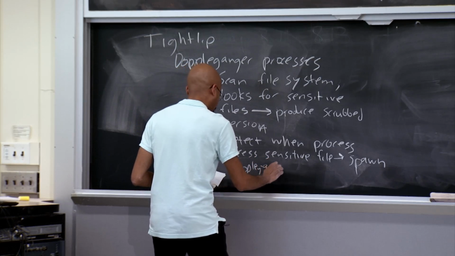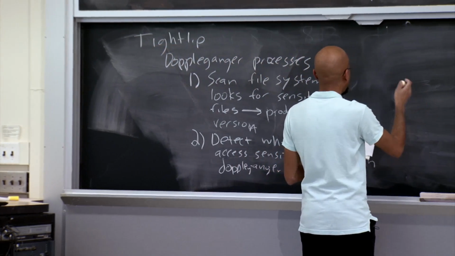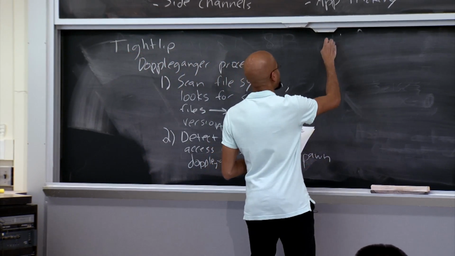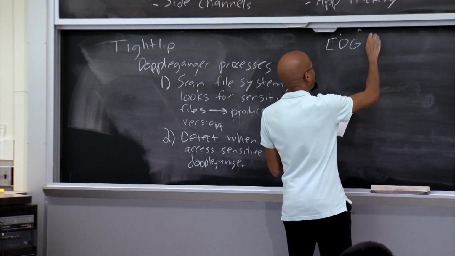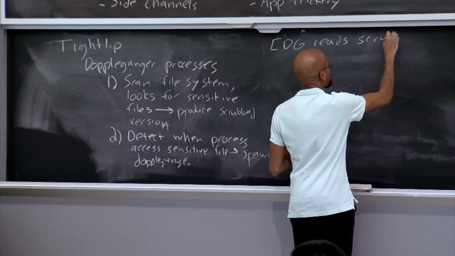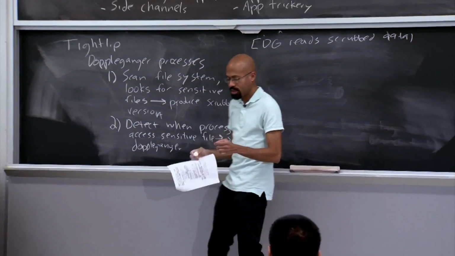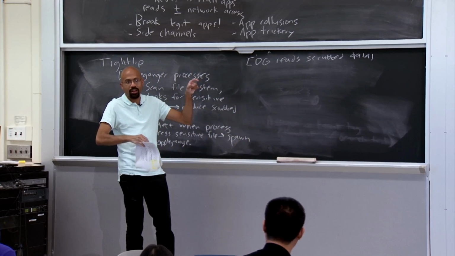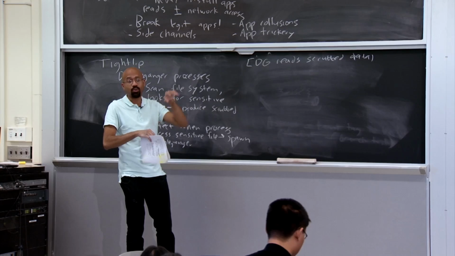The doppelganger process looks very similar to the original process that tried to touch that sensitive data, but the key difference is that the doppelganger, which I'll abbreviate DG, reads the scrubbed data. Imagine that some process is executing and tries to access your email file. The system spawns this new process, the doppelganger. That doppelganger is exactly the same as the original one, but it is now reading from that scrubbed data instead of the real sensitive data.